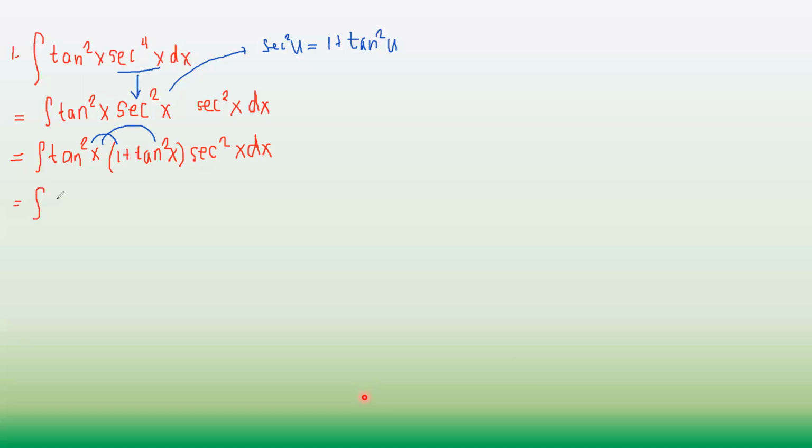We will have the integral of the quantity tangent squared x times 1, so tangent squared x, plus tangent squared times tangent squared, so we will have tangent raised to 4 x, adding the exponents, 2 plus 2. Then the one we set aside, rewrite it as secant squared x dx. Now we separate: multiply the set-aside secant squared to both terms, so we become the integral of tangent squared, bringing along the set-aside secant squared.